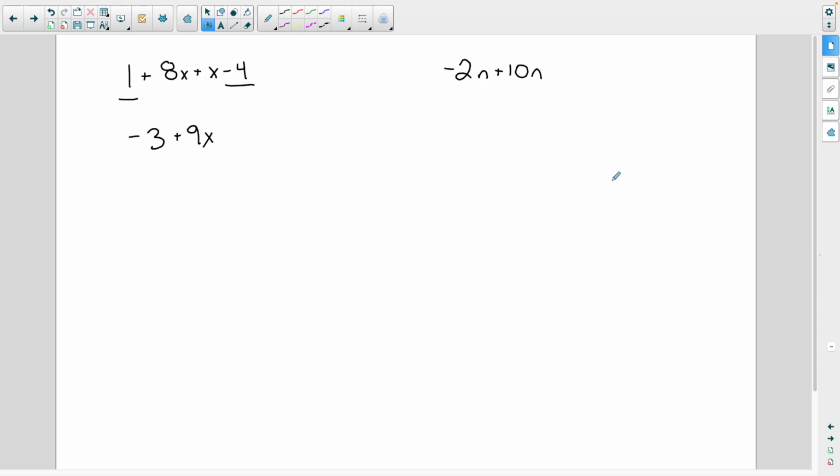Now in this one I have negative 2n plus 10n. So what's interesting, if we remember from our number line, right? I can make a number line of n's. Make the 0, negative 1, negative 2.